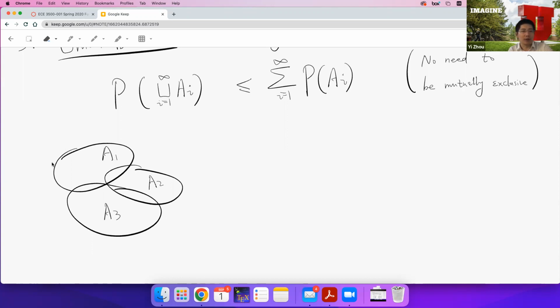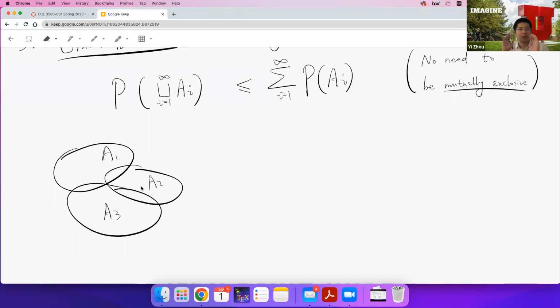The intuition is that since they are not mutually exclusive, they may have some overlapping. Now, when you take the union of these events, the area of the union event is smaller than the sum of the areas of each individual event because of the overlapping part.